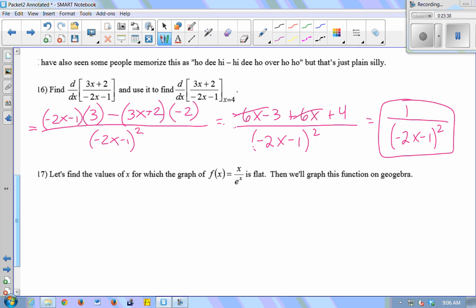Yeah, just plug a 4 in. We'll call this f prime of 4, even though I never named the function f. So if I plug in a 4, I get negative 8 minus 1 is negative 9, squared is 81. 1 over 81.